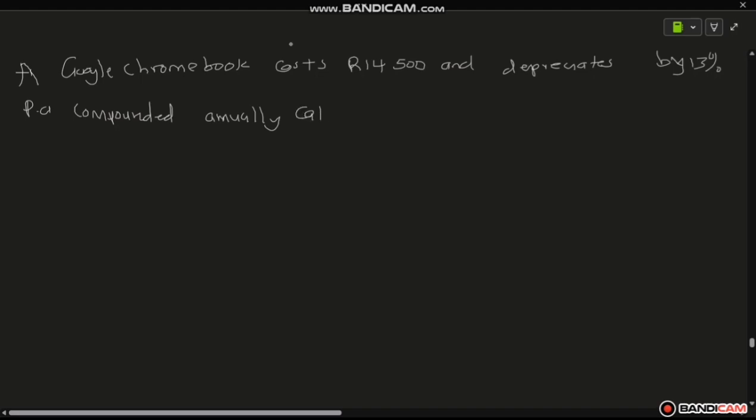Okay, so a Google Chromebook costs 14,500 and depreciates by 10% per annum, compounded annually, calculated on the reducing balance method, or reducing balance depreciation. Then let's see what they want us to calculate.